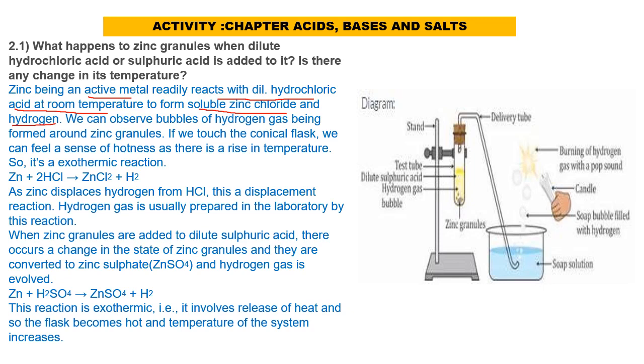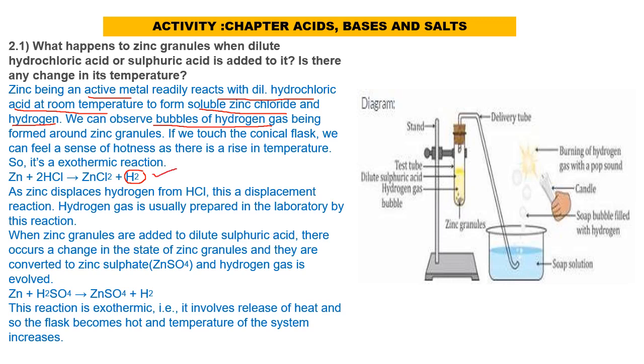So what will happen if zinc reacts with the hydrochloric acid? Definitely we will find the bubbles of gas coming out, right? And which gas is this? Definitely it is hydrogen gas which is coming out in the reaction. We can see zinc plus HCl gives ZnCl2, the compound which is forming, and hydrogen gas is getting released.